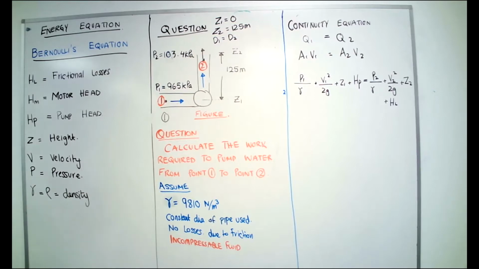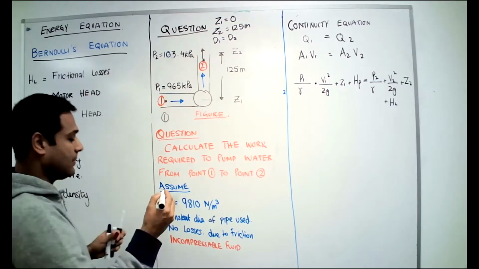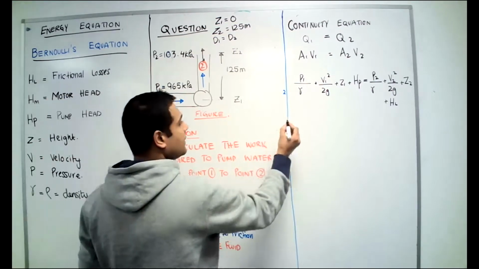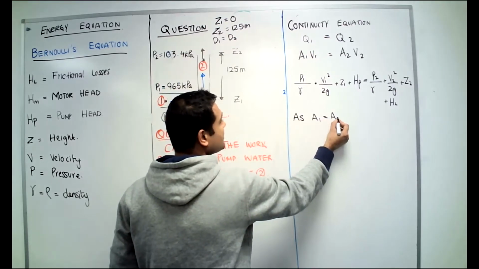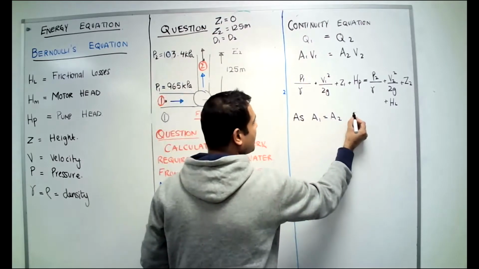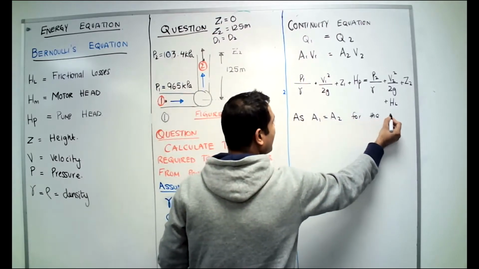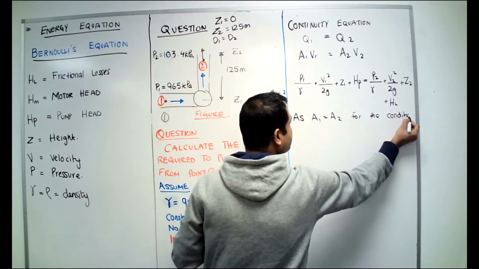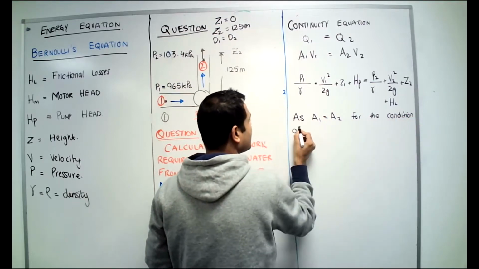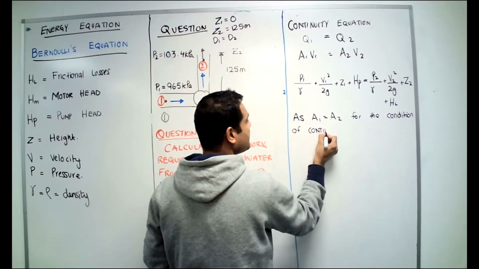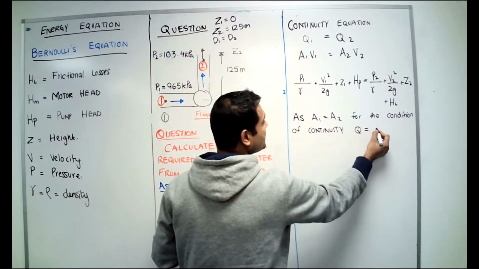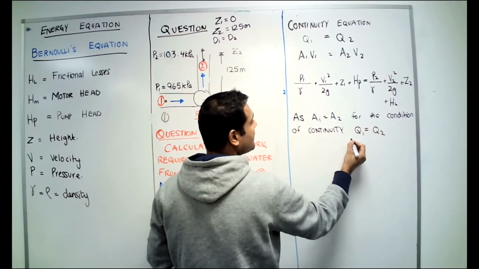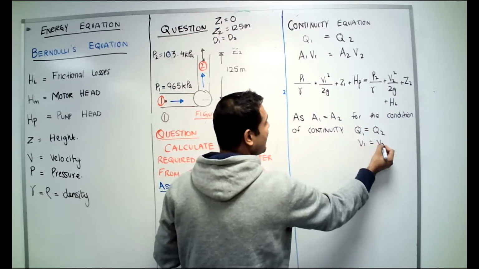So we have the equation. One other thing, as area 1 is also equal to area 2, for the condition of continuity, which means Q1 equals Q2, the V1 should be same as V2.